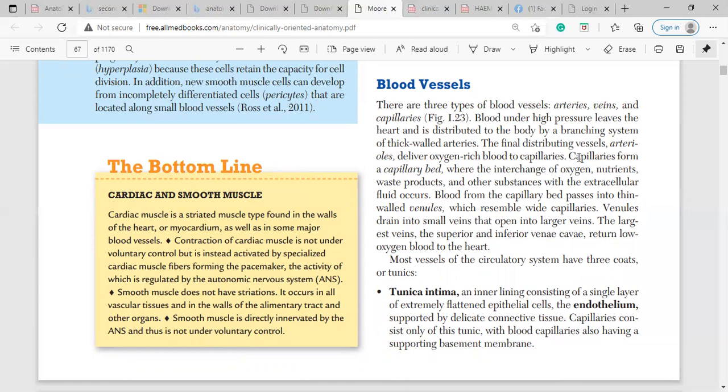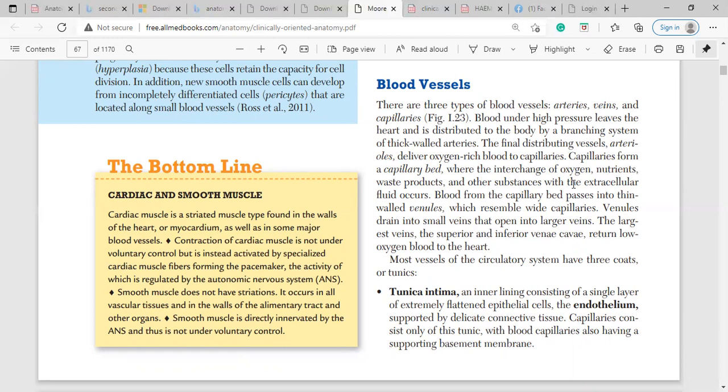So these arterioles, when they come together with what we call venules, which we'll see later when we talk about veins, form capillary beds. So these capillary beds are where exchange of nutrients, oxygen and waste products takes place in the capillaries.